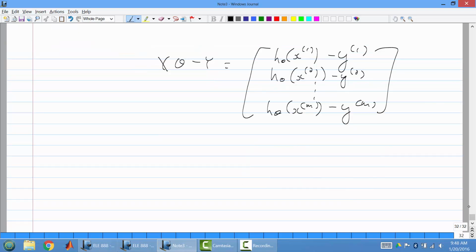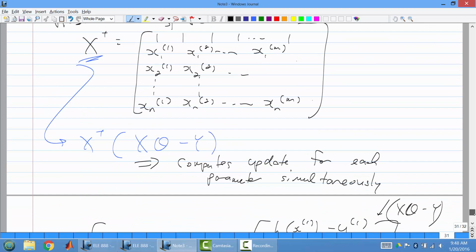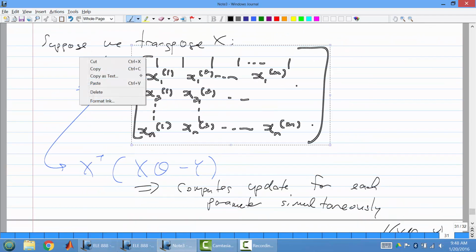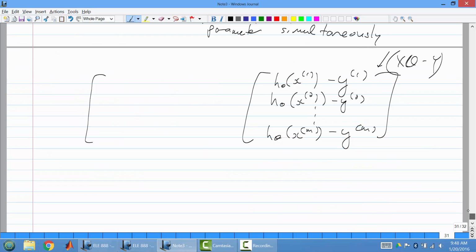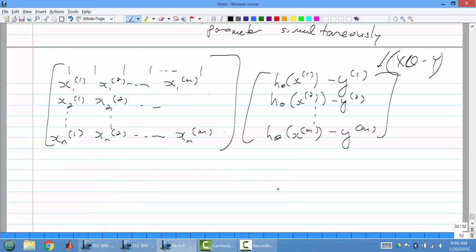So let me just do this over here. If I decide to multiply this by the transpose, let me just copy and paste this guy here. Remember, this is a vector and this is a matrix.